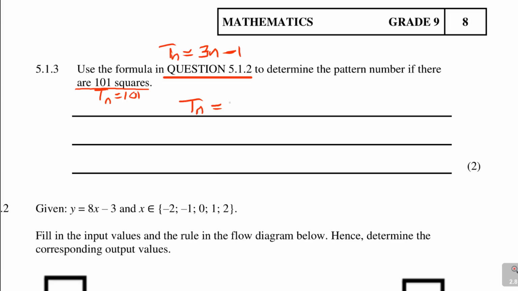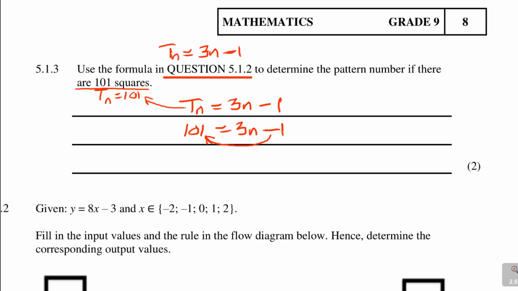So you work it like this. You say Tn is equal to 3n minus 1. But we know our Tn. What is our Tn? 101. So 101 is equal to 3n minus 1. Now these are equations. How do you solve it? You look at this minus 1, it can cross the equal sign to join that.